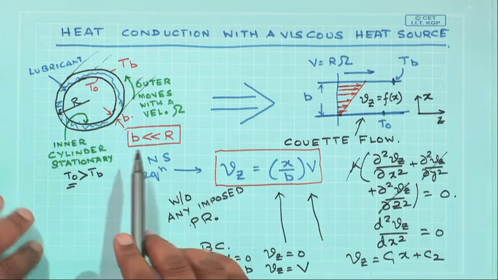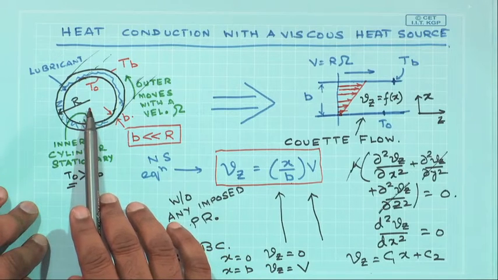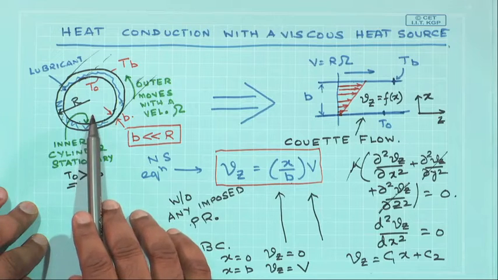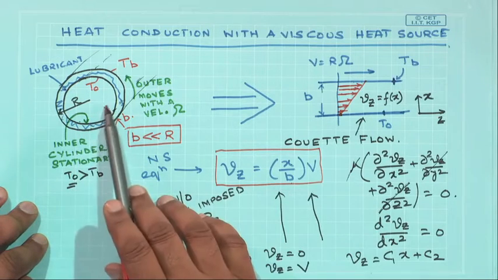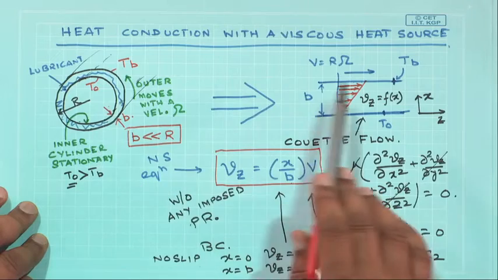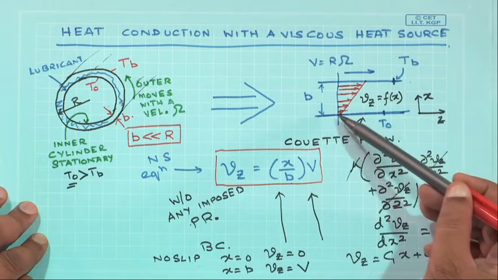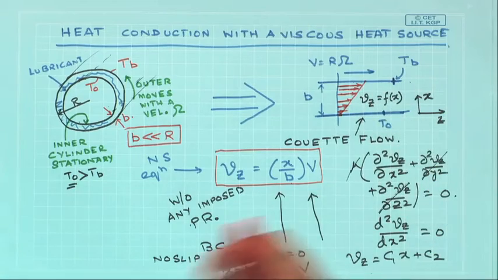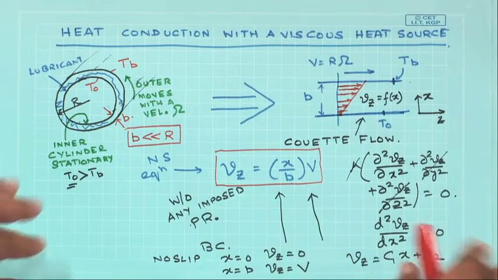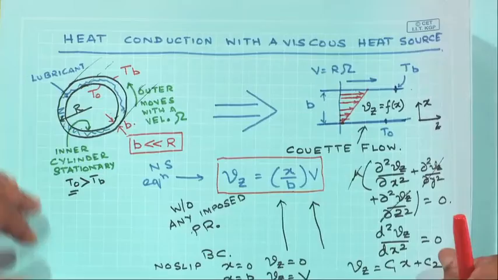So, in this entire thing what we have done is we have converted the lubricant bearing system from cylindrical to a Cartesian coordinate, top plate moving, bottom plate stationary, and we identify that the velocity is going to be like this. So, let us see what is going to be the energy equation for this case.